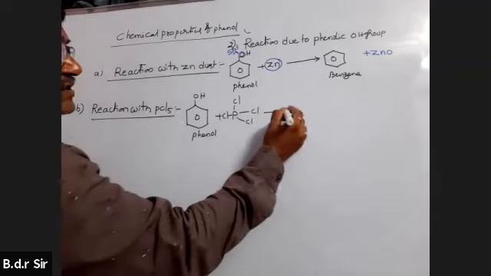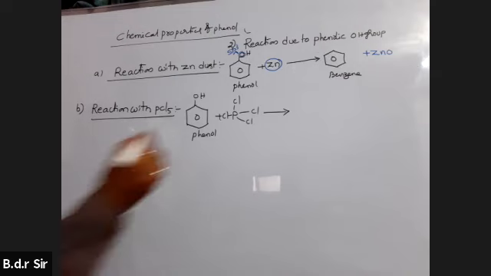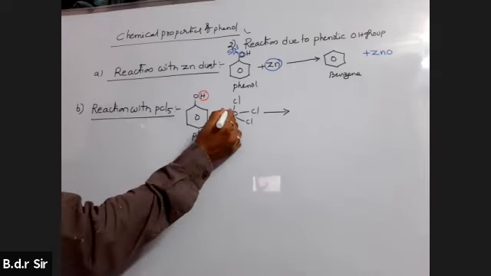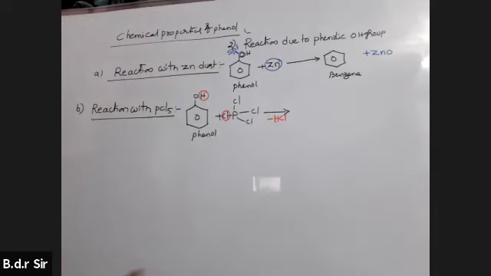What is the product? Here, hydrogen reacts with chlorine to form HCl, which is a byproduct. That's good.